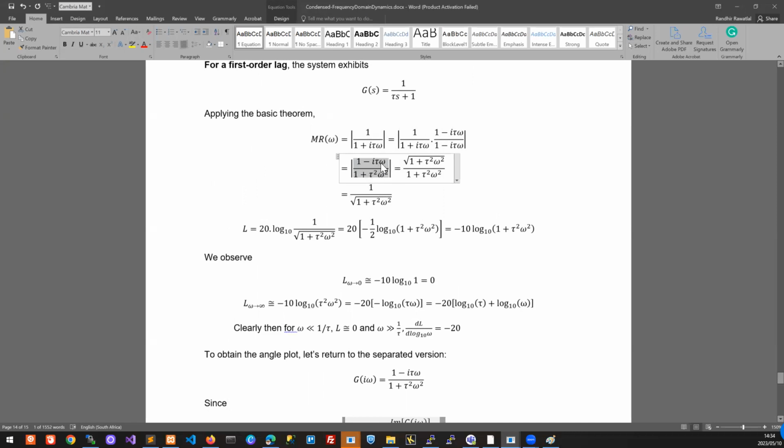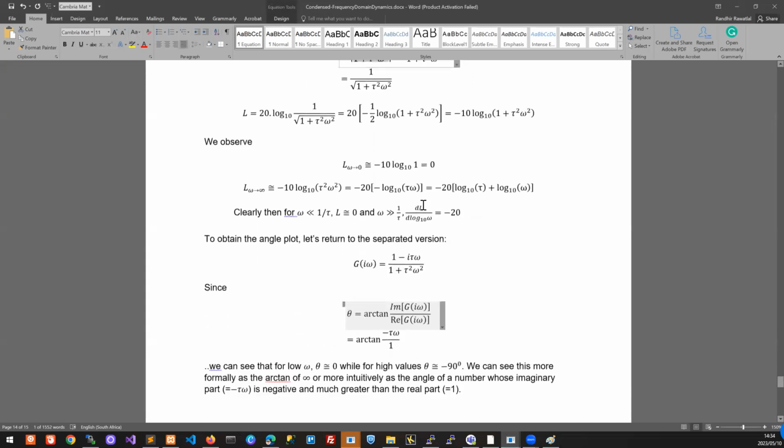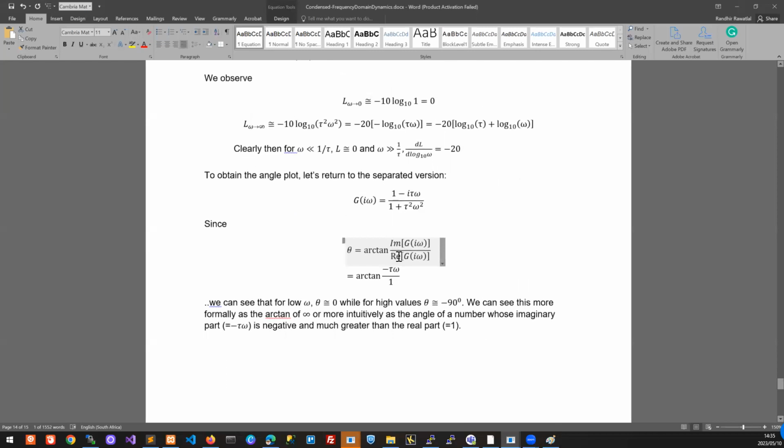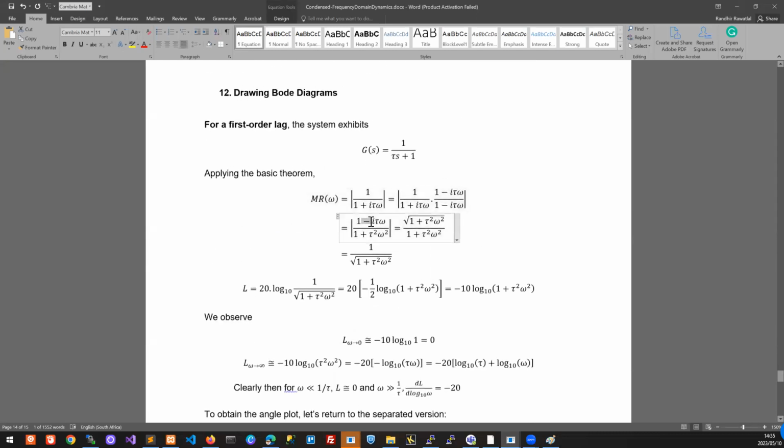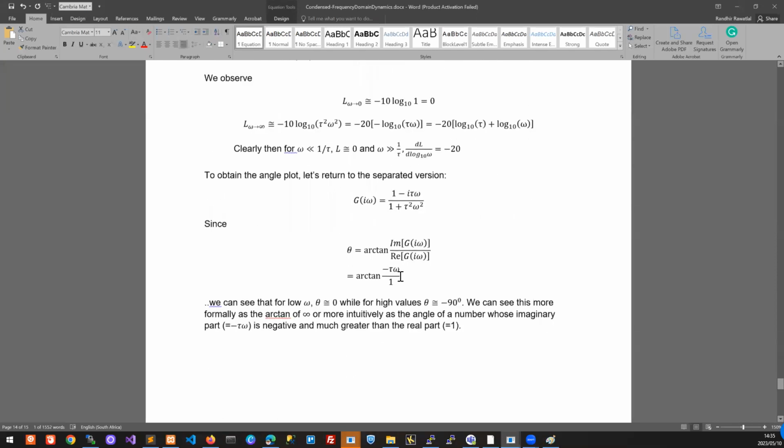And so the imaginary part divided by the real part, the denominators can cancel, and we'll be left with tau omega divided by 1. So that's what we have here, the arctan of tau omega over 1. And there's a minus sign there because I forgot to say that minus over there. The imaginary part has that minus sign. So it's the arctan of minus tau omega over 1.